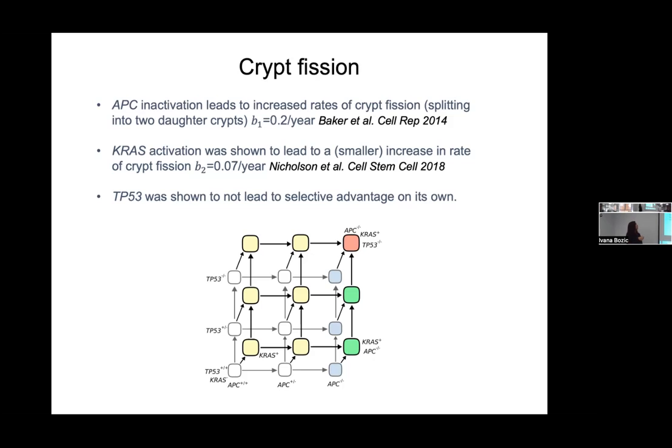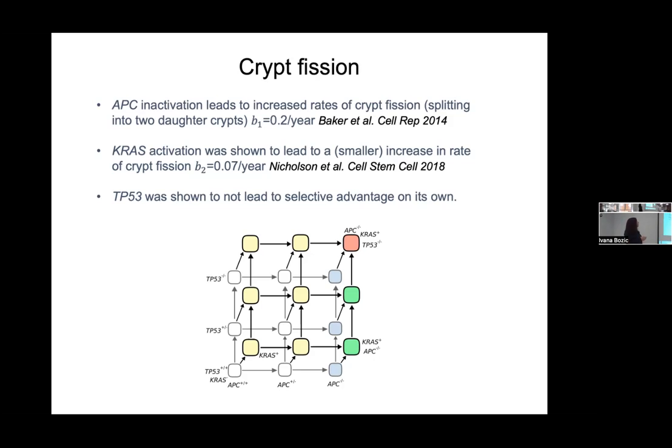People have also more recently measured what happens once KRAS is activated in human colon, and that leads to, again, an increase in crypt fission, but a smaller one.